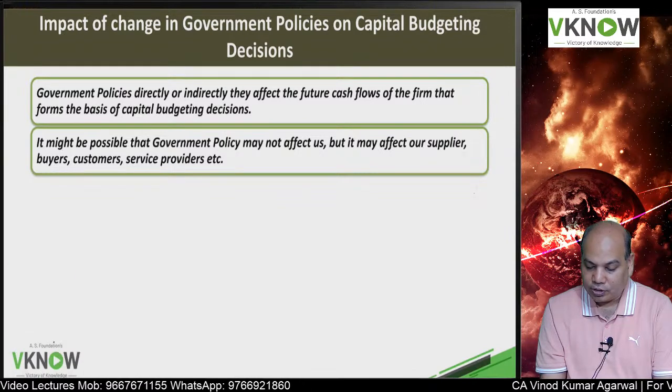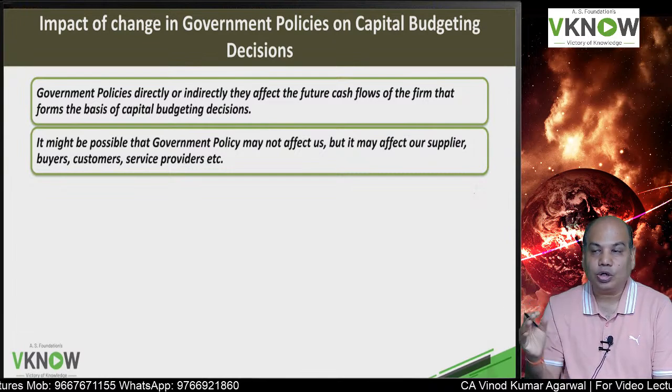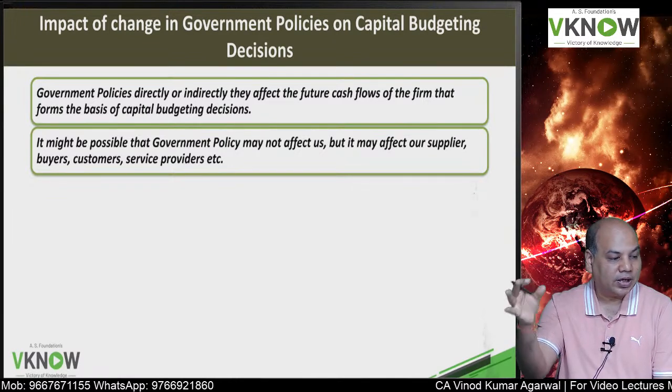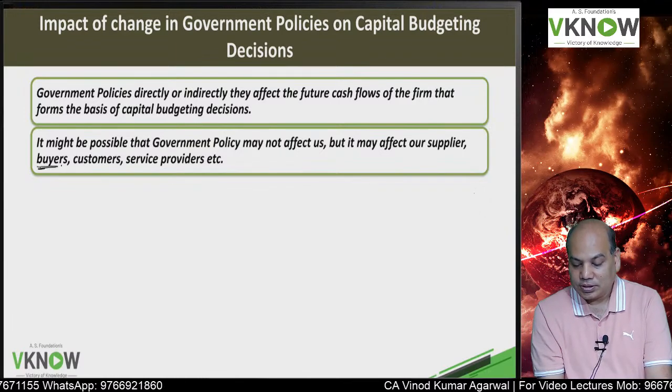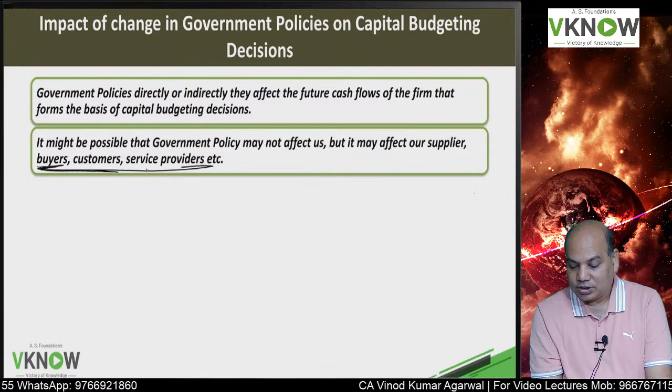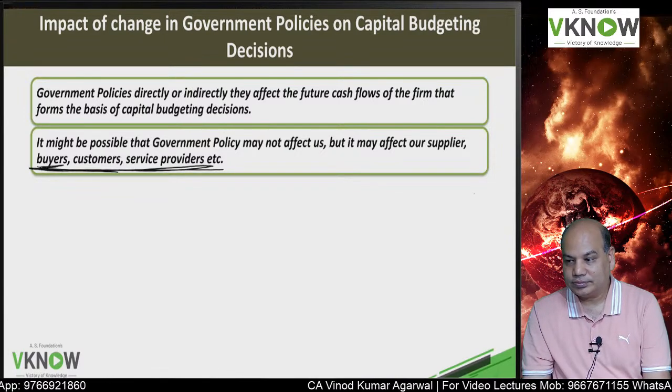Or your buyers can be affected. If your buyer is in a foreign country and their government changes the policy, bans India, brings a law that certain products cannot be imported from India. It has happened in the past.